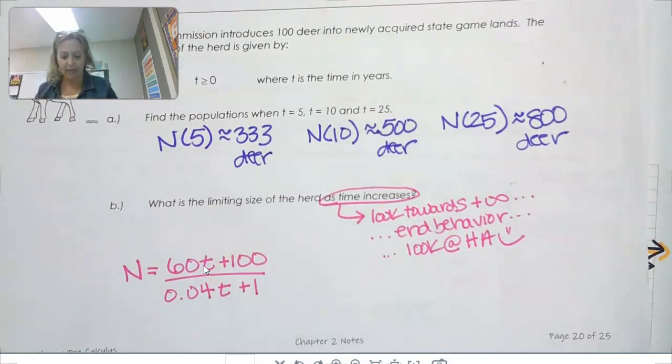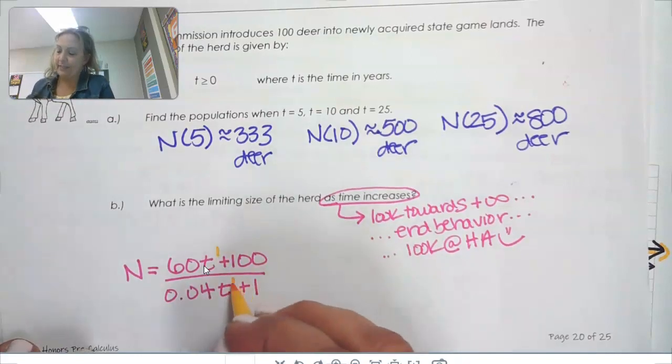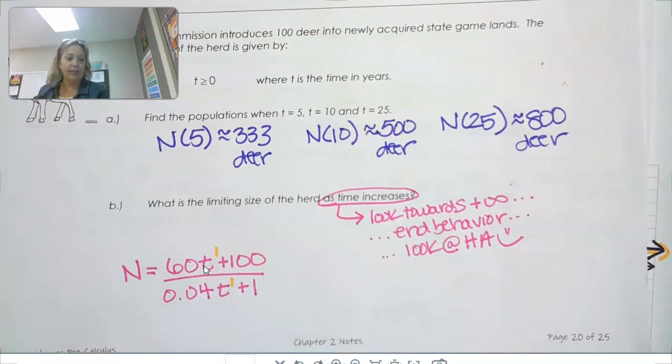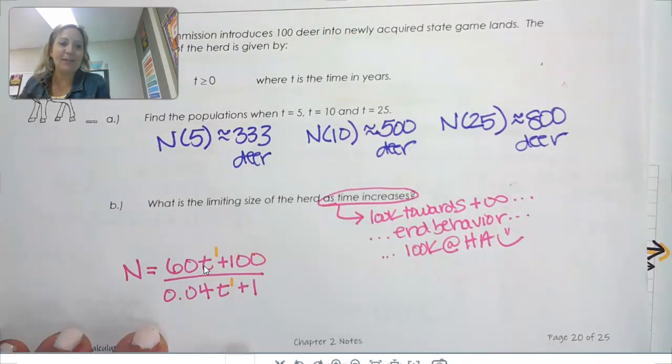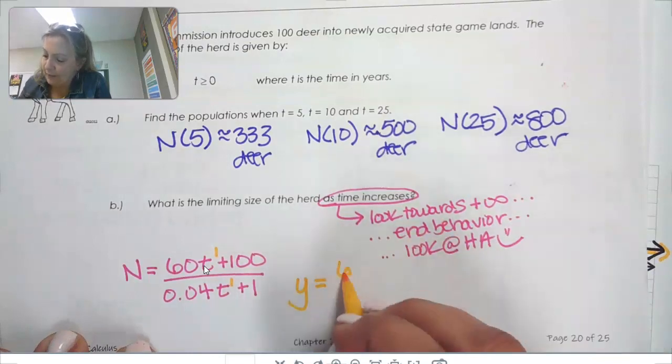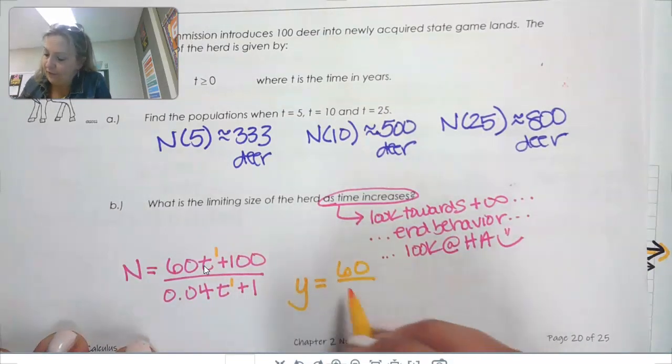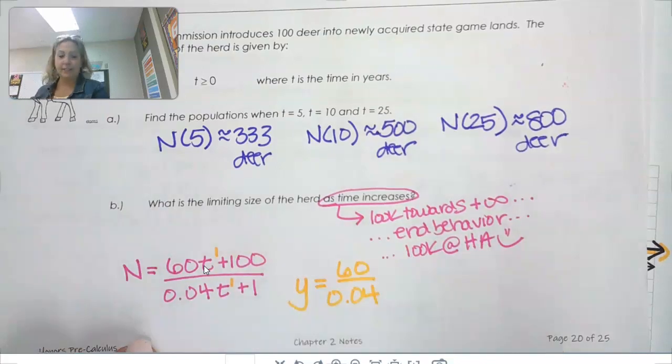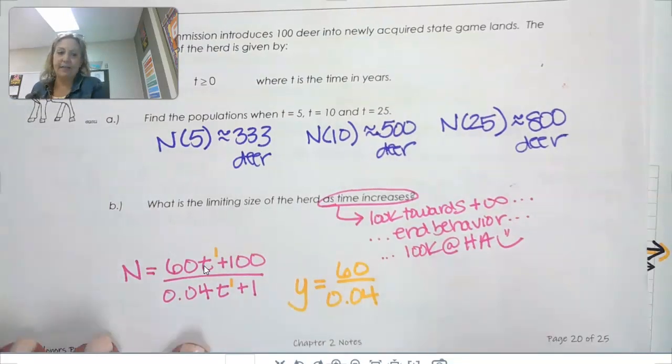Okay. And I can see that this is degree 1. This is degree 1. The degree of my numerator and denominator is the same. So I'm going to take y equals the leading coefficient of the numerator divided by the leading coefficient of the denominator.